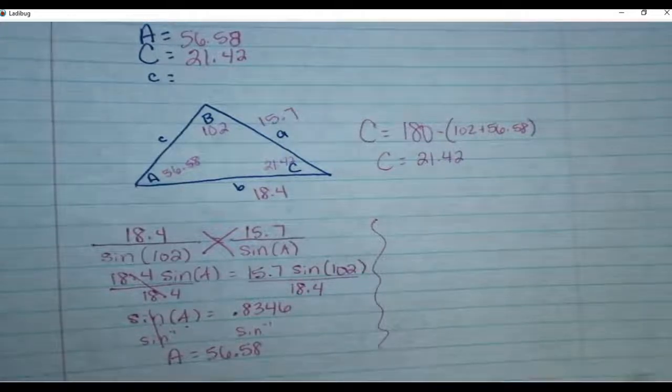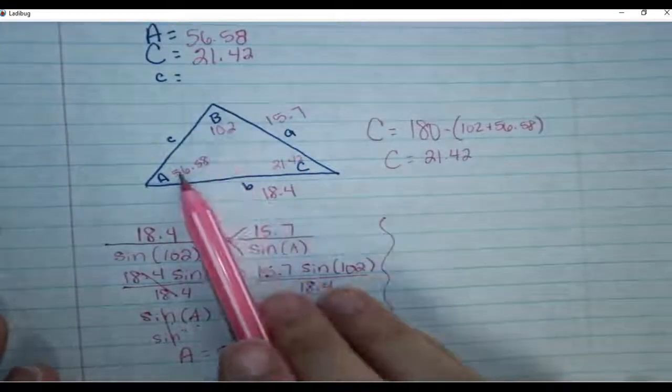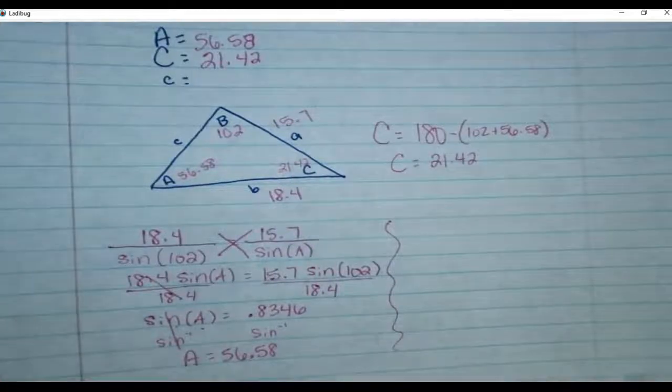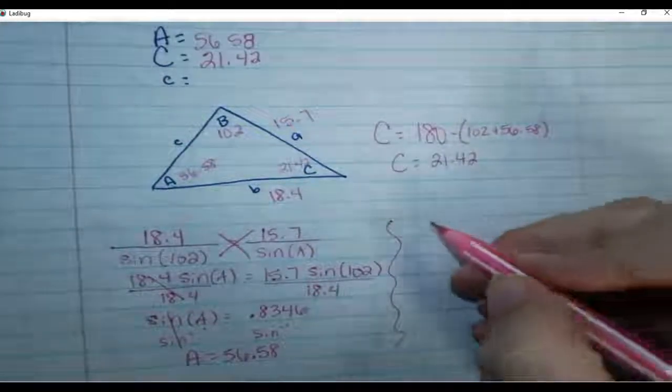Questions? Okay. So now we can find little c. We know pretty much everything else about this triangle, so you could use big B and little b, or you could use big A and little a. It doesn't matter. You'll get about the same answer. I'm going to use B just because we didn't round at all on that one, so it'll be a more precise answer, but either way it doesn't matter.